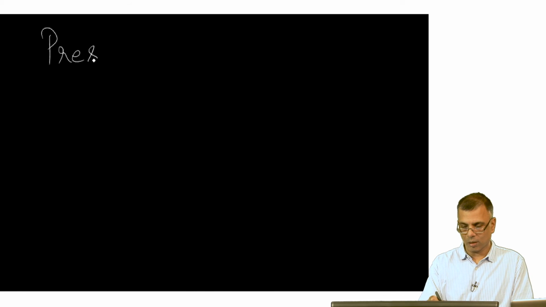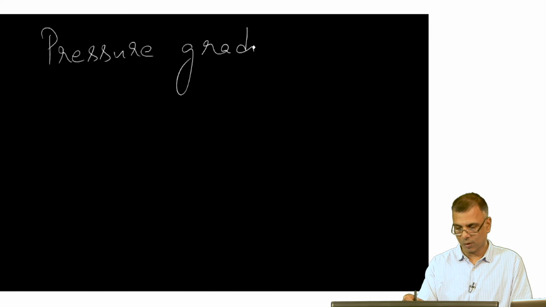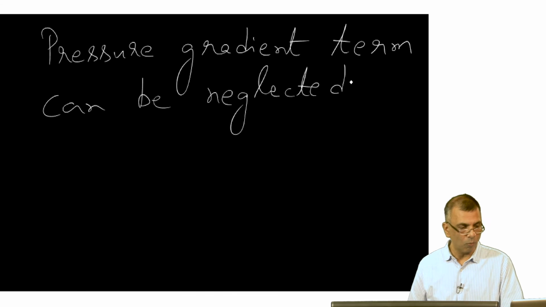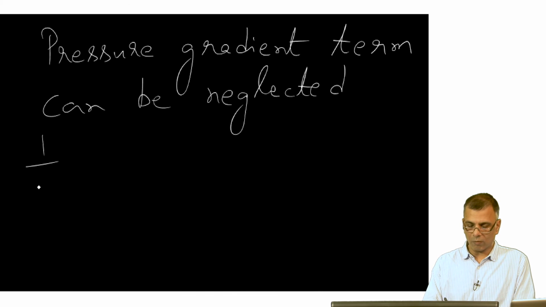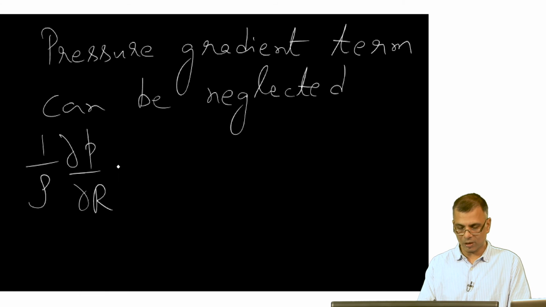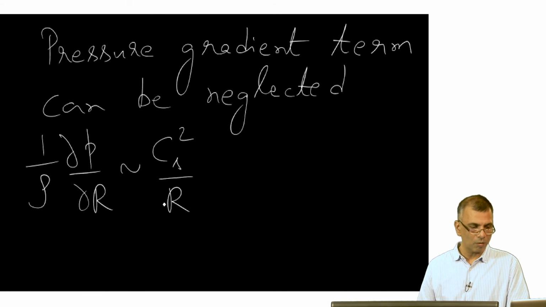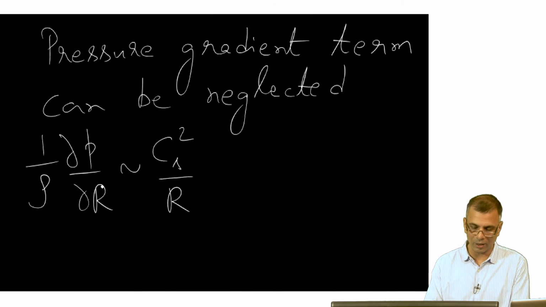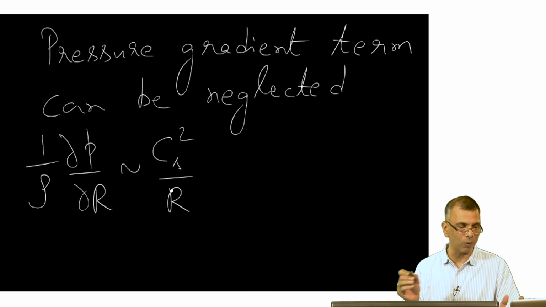The pressure gradient term can be neglected. Why? You see, the 1 over rho dp dr is something like Cs squared over r, because p over rho is roughly equal to Cs squared, and then the d over dr is roughly 1 over r.